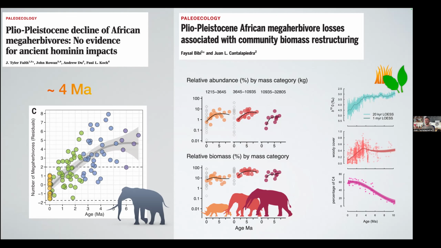But these are patterns. So the funny thing is we don't really know how the megaherbivore niche was emptied in Africa. We don't know if this is rising extinction, which is the default thinking, or a combination of decreasing or low speciation.